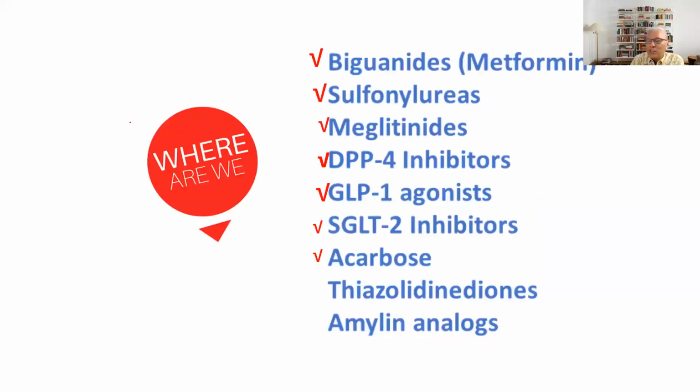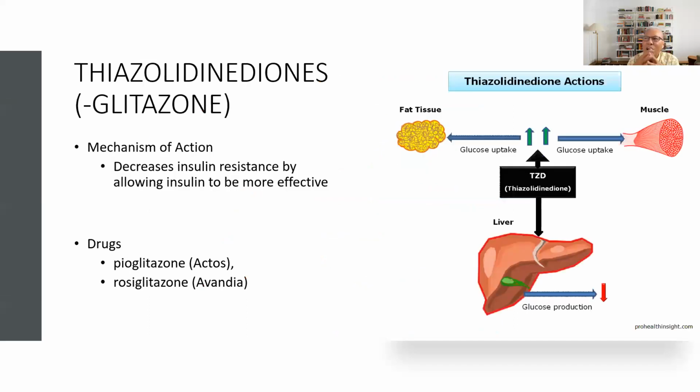Okay, so we have finished acarbose, and now we're going to talk about thiazolidinediones, TZDs for short, because it's so difficult to pronounce. These are drugs that end with the suffix glitazone.